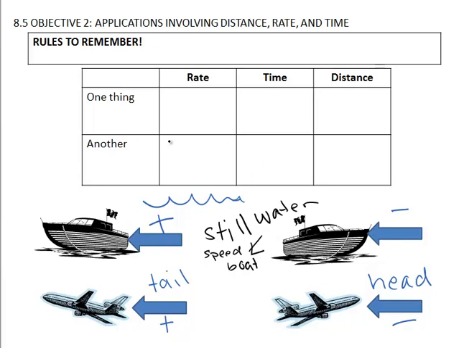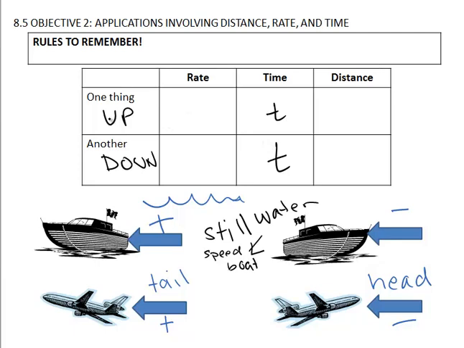And these kinds of problems usually compare the rate of one thing to the rate of another. With the boats, it's the thing going upstream, the thing going downstream. A lot of times they'll give you different distances and the times will be the same, which is important. Anytime you have time is the same as time, you can set everything equal to each other, which is a good thing to know.